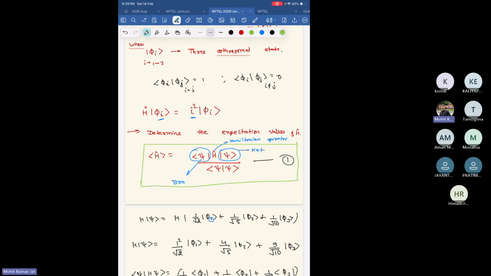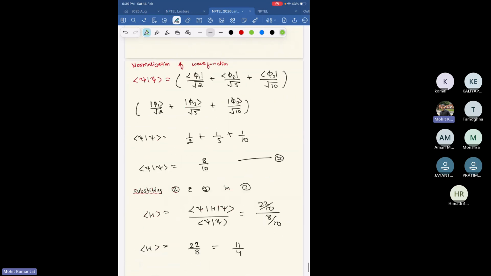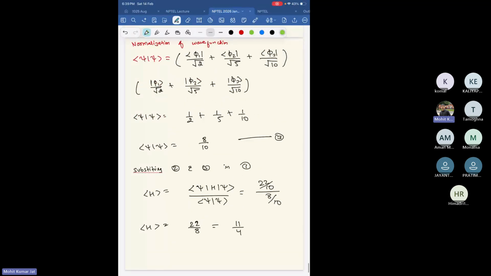Then comes the second part, which is the normalization check. This is a very crucial normalization factor. If you miss the normalization factor, your answer would have been 22 by 10. But if you pay careful attention to the normalization, your answer is 11 by 4. There's a lot of difference between these two.